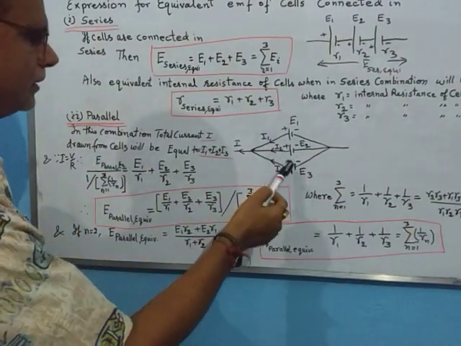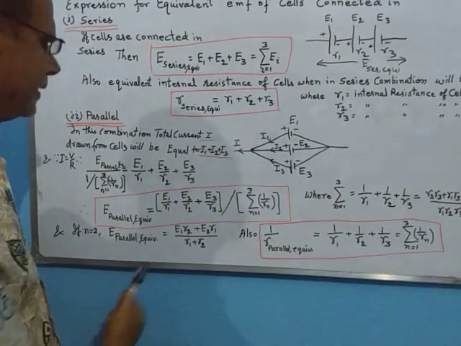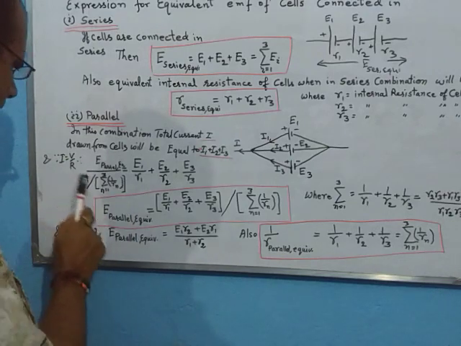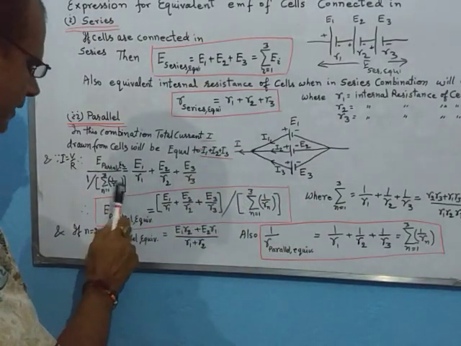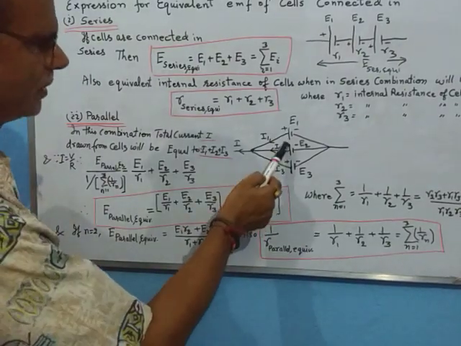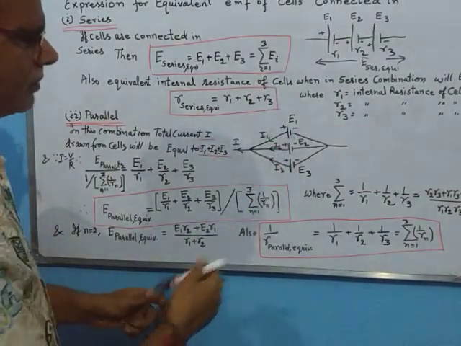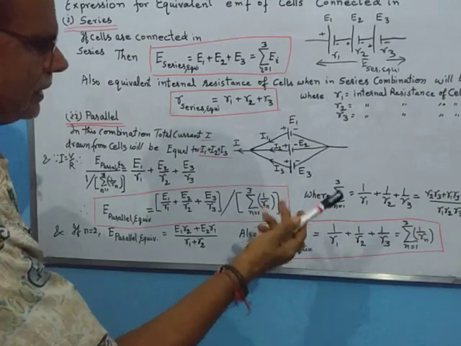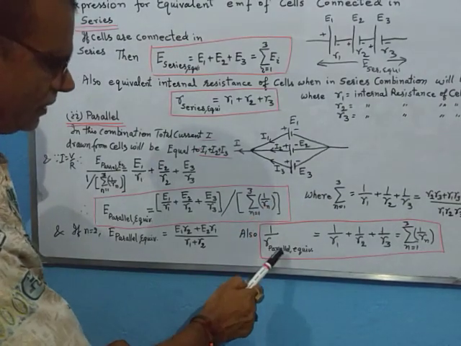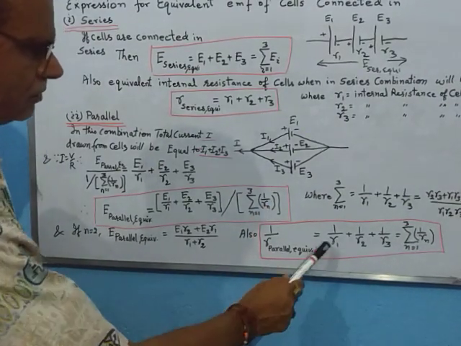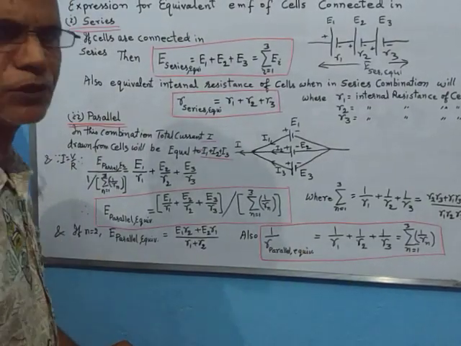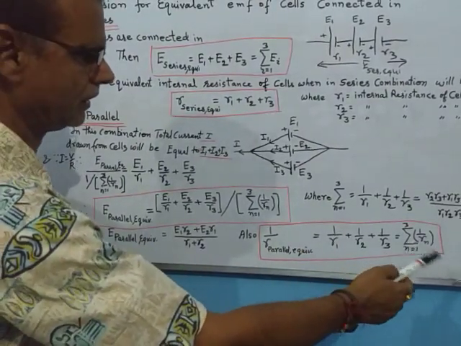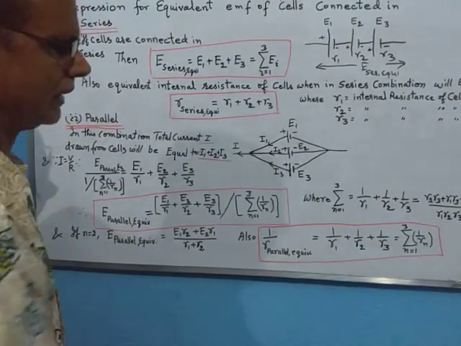So we have the equivalent EMF of the parallel combination of cells divided by the equivalent resistance of the cells. What is the equivalent resistance of the cells? You see the resistances are R1, R2 and R3, and they are connected in parallel. So we have 1 by R parallel equivalent is equal to 1 by R1 plus 1 by R2 plus 1 by R3, that is summation n is equal to 1 to 3 of 1 by Rn.